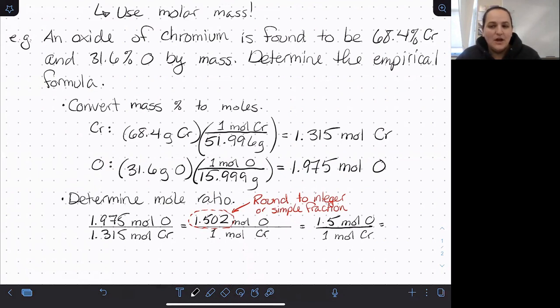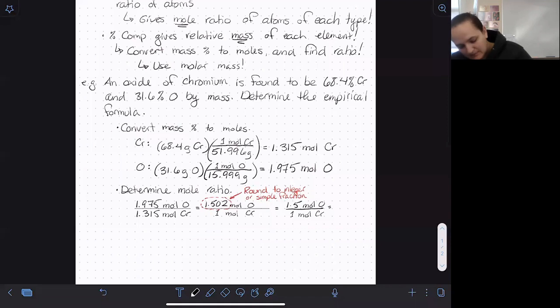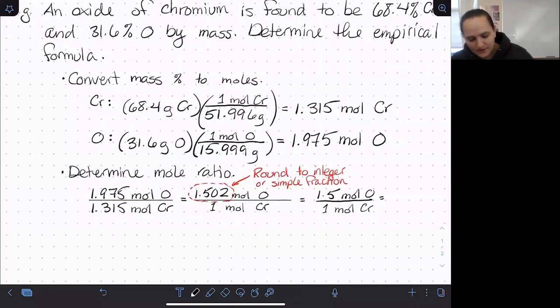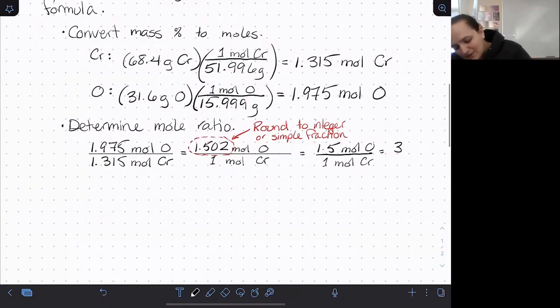If we multiply the top and bottom by the same factor, we're not changing the value of the ratio, we're just changing the way we're expressing it. So in this case, since we have 1.5 over 1, if we multiply by 2 over 2, we get this in terms of nothing but integers.